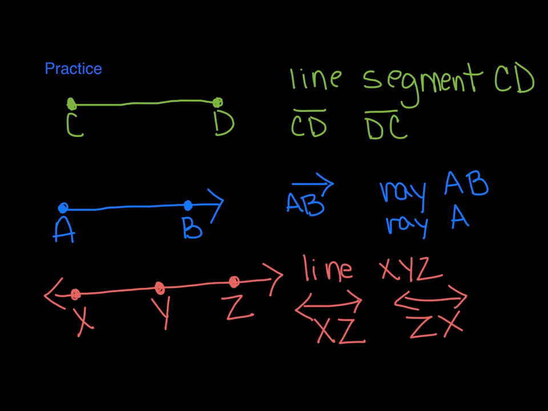Now let me ask you this question. Is it ever possible to draw all of a line? No, it is not. How about, is it ever possible to draw all of a line segment? The answer would be yes to that question. What about all of a ray?